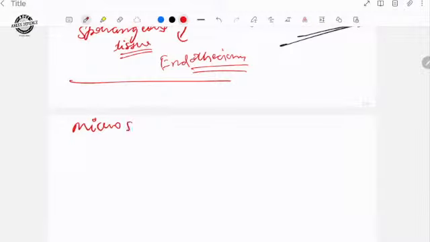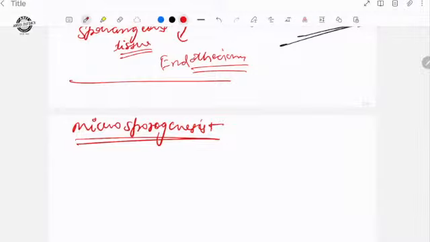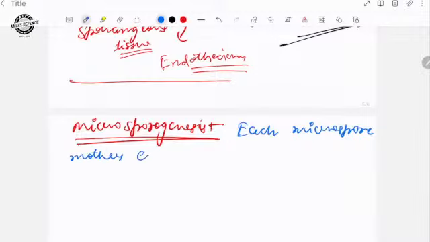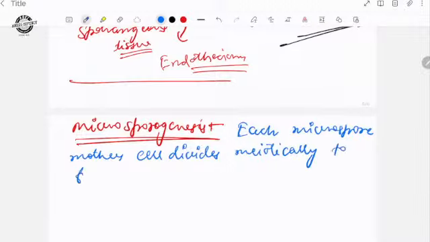Microsporogenesis, definition: each microspore mother cell divides meiotically to form a tetrad of haploid microspores.